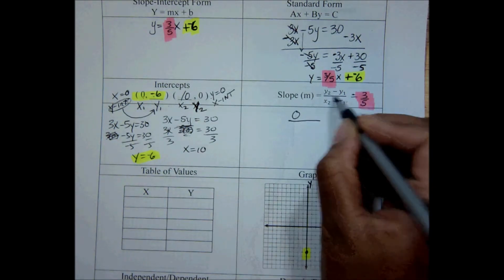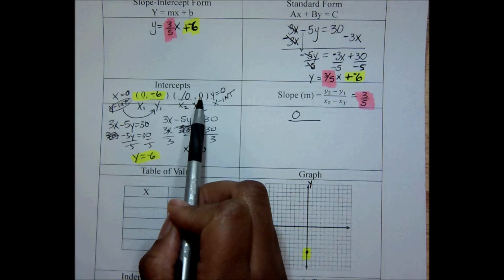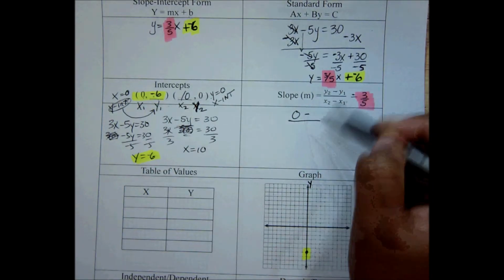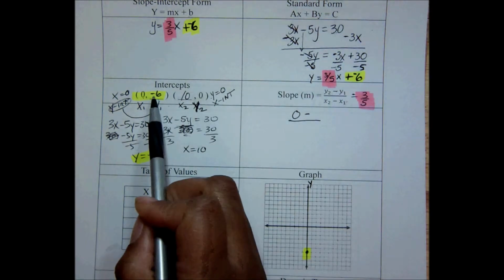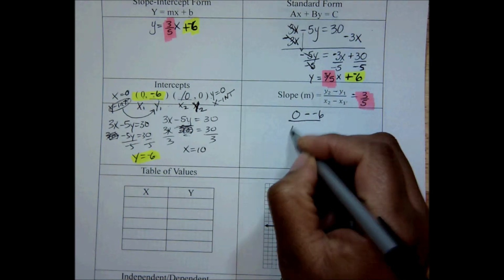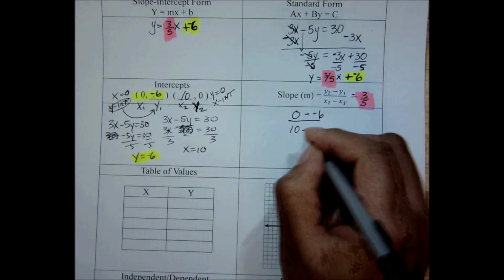Y2 is 0. Y1 is negative 6. So the minus sign here goes there because it's in the formula. But they did not do us a favor and write the negative for us, so you have to write both of them. Then we do x2, which is 10. Subtract off x1.